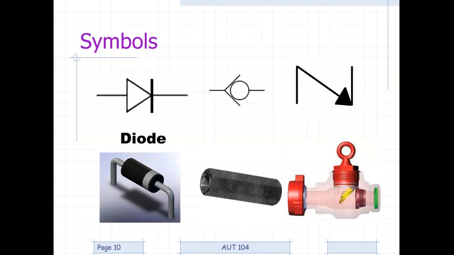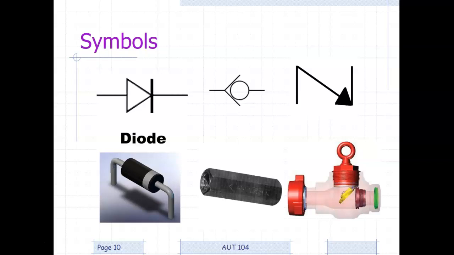And then we have, what is this? For those of you in hydraulics pneumatics, that is a check valve. What does a check valve do? It's a one-way valve. It's supposed to stop flow going in the opposite direction. So if flow goes correctly, it pushes the ball back and flow can come from this direction.